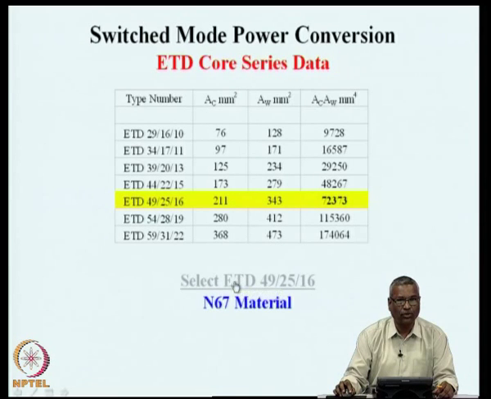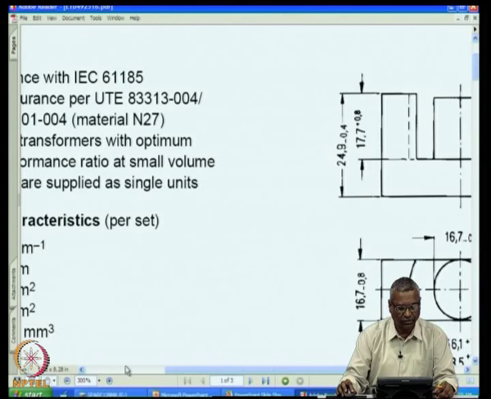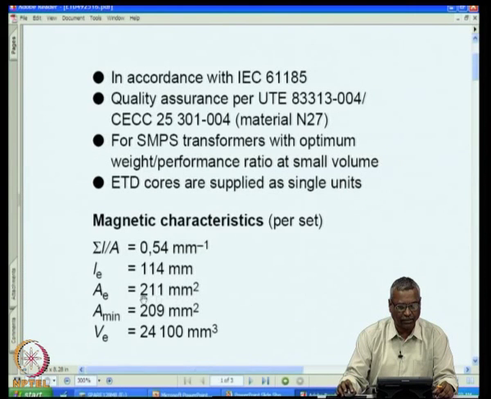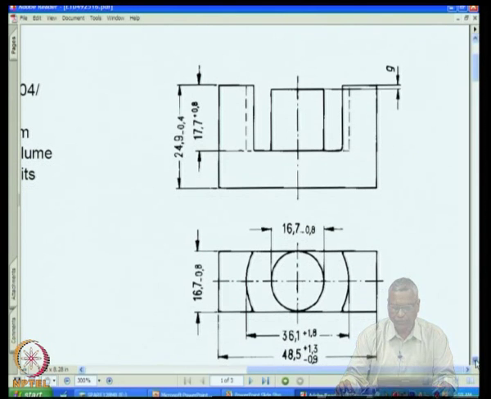Now, this core has been selected, 49, 25, 16, and the dimensions are mentioned here. You can see that it has an area of 211 millimeter square, and the other dimensions are central post of 16.7, and the window height for half of this window height is 17.7, and so on, and end to end, from this end to this end, is about 48.5.